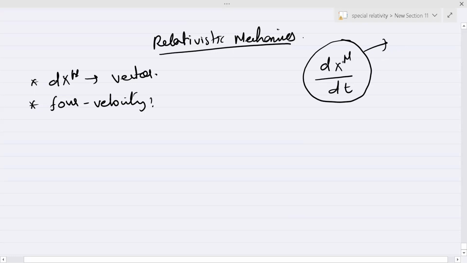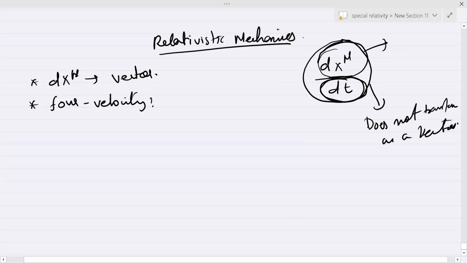But you will see that dx^μ, the numerator, already transforms like a vector under Lorentz transformation, but dt has a non-trivial transformation. dt also transforms under Lorentz transformation. So this whole quantity does not transform as a vector.